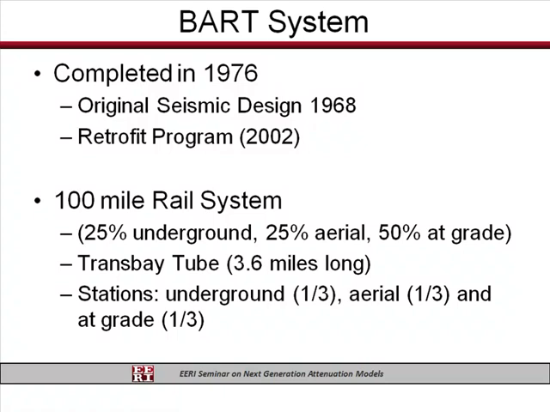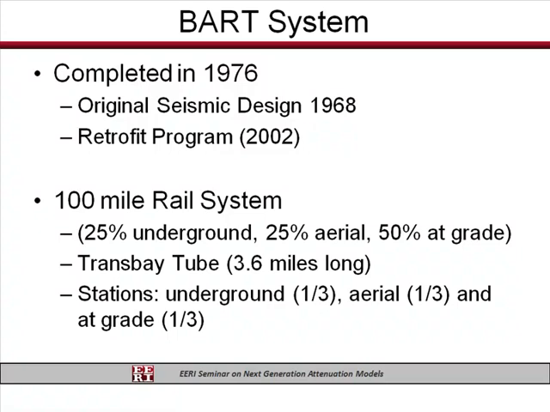Every time that happened, they would go back and reevaluate the seismic design criteria, the seismic design spectra, and come up with new things. So it's evolved quite significantly since 1968, along the lines of how our knowledge of ground motions and earthquakes in general has evolved over that time.